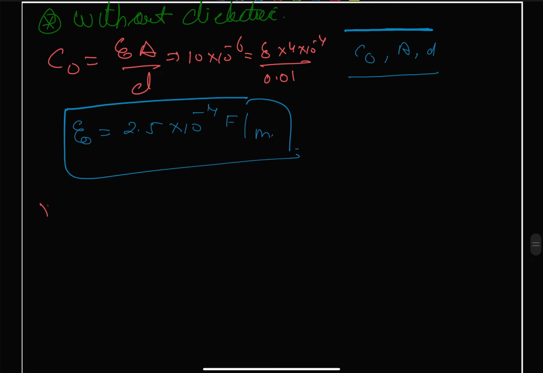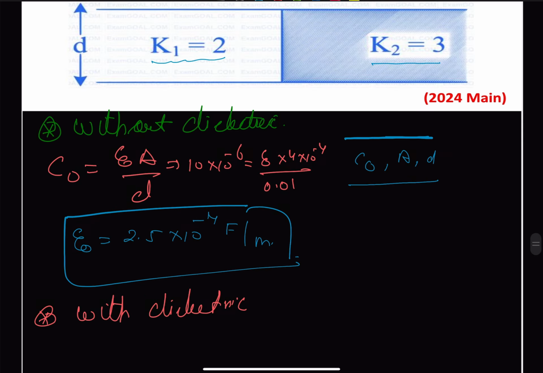Now with the dielectric, for K1 let this capacitance be C1, and for K2 it is C2, and obviously the area will be A by 2 here and A by 2 here also.